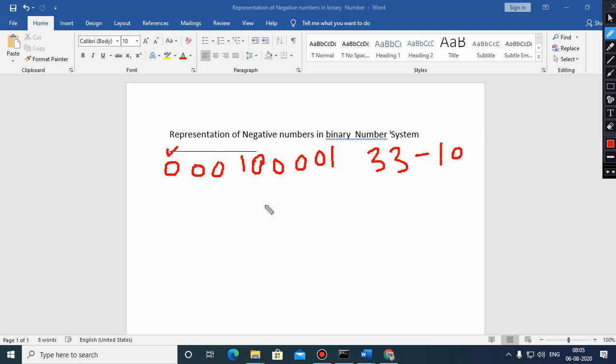And now what to do? You have to represent this 10. So 10 in binary is 1010, and it is in 4 bits. So it simply means that you have to add 4 zeros in front of this, and one more sign bit is there.